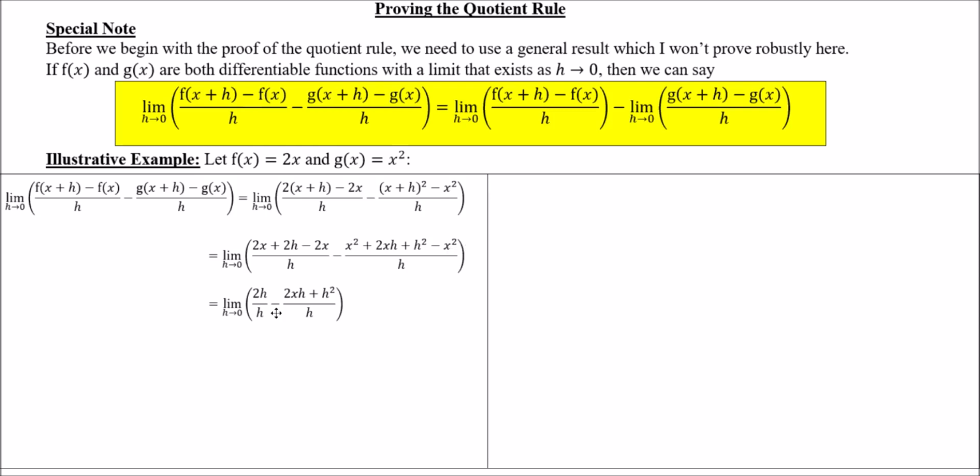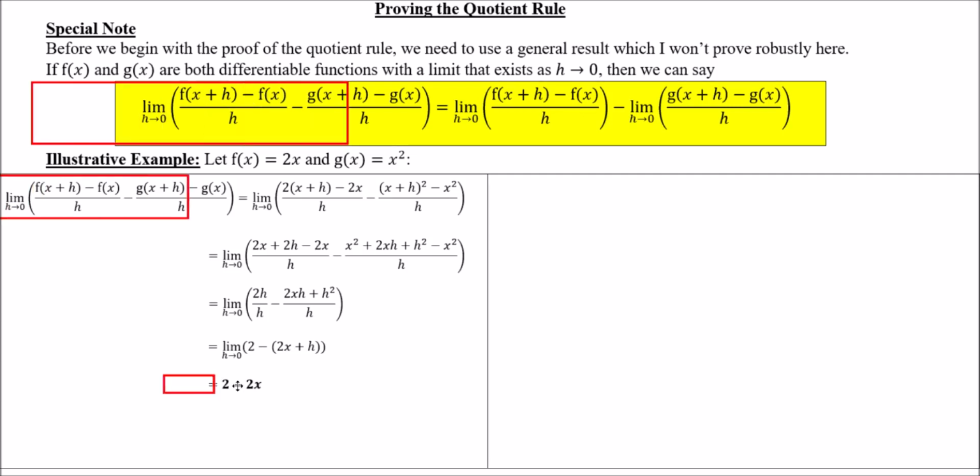Dividing through by h, we get the limit as h approaches 0 of 2 minus, in brackets, 2x plus h. So as h shrinks to nothing, the limit of both taken together as one limit is 2 minus 2x. So the red limit taken as one is 2 minus 2x as h approaches 0.